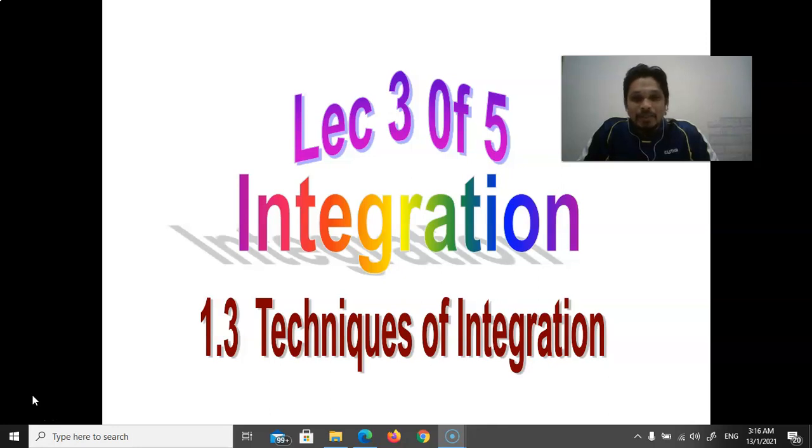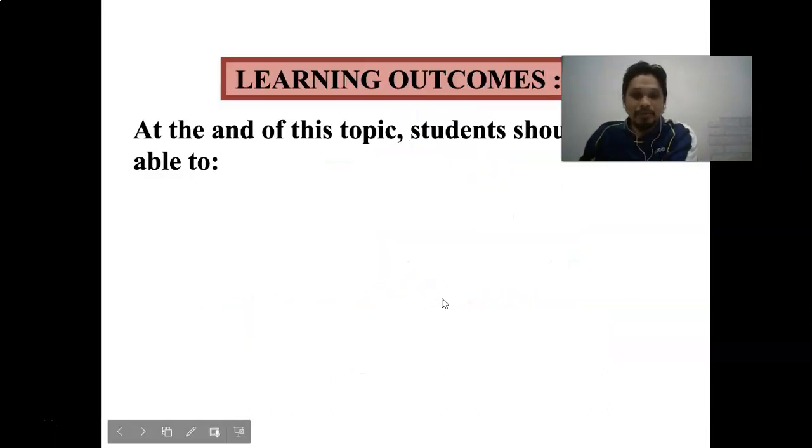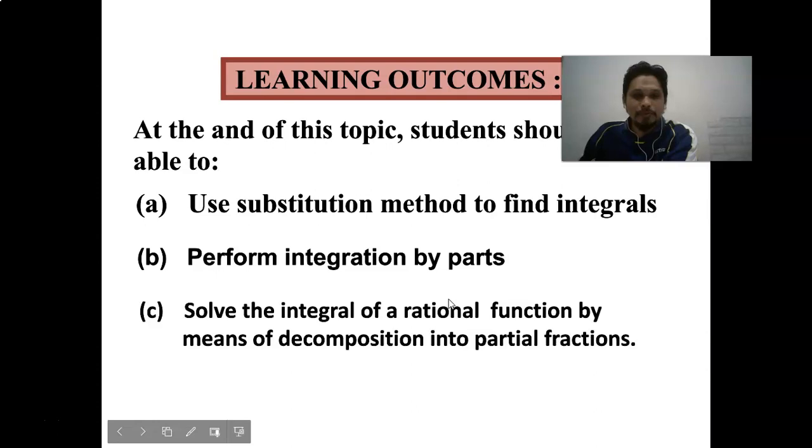Okay, in this video we're going to look into the subtopic of 1.3, techniques of integration. Today we're going to look into three different methods.